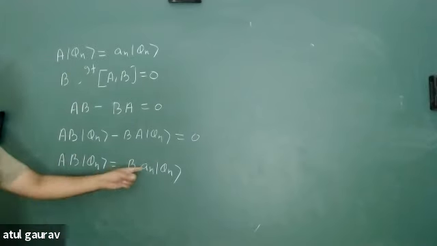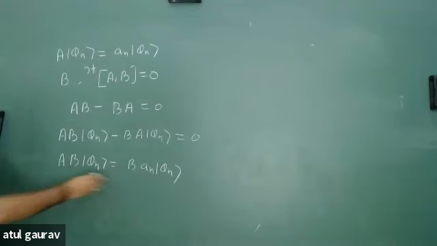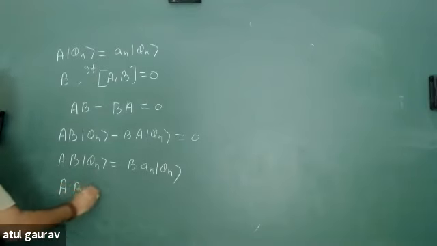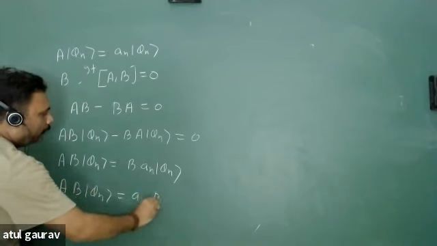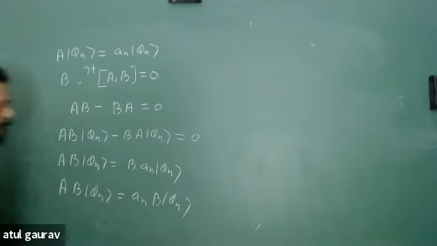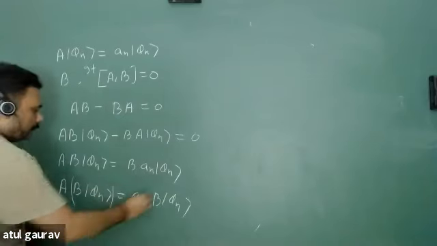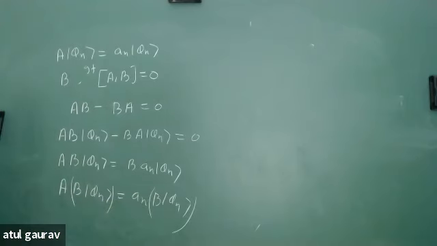It is not an operator, it is a number. a_n is an eigenvalue, so it is a number. So it is A(Bφ_n) is equal to a_n Bφ_n. Now what is the conclusion? The conclusion is very nice. I can read that Bφ_n is also an eigenvector of A with eigenvalue a_n.